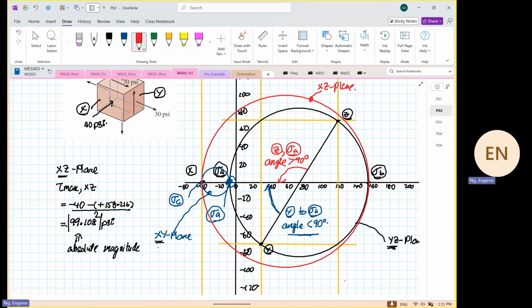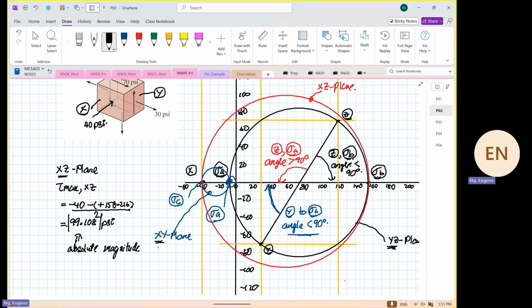Why XZ? I want you to see another trend. Okay, from here, the angle from Z to stress B is less than what? 90 degrees.